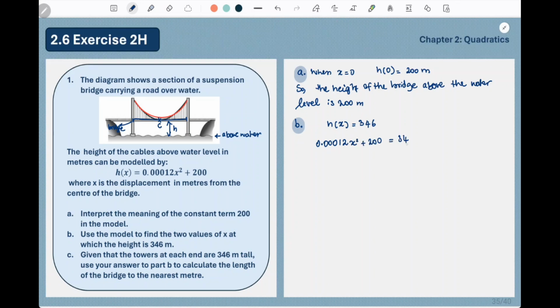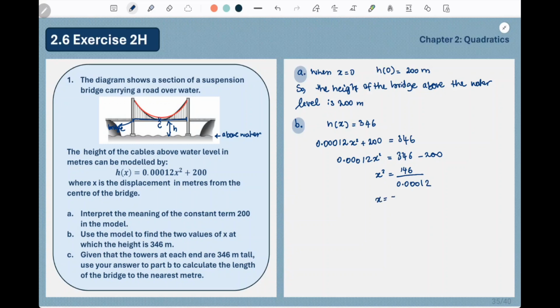To solve this, I'm going to take 200 to the other side and keep this one here. So 0.0012 x squared, minus 200. So this is 146 over 0.0012. So now I've isolated my x squared.